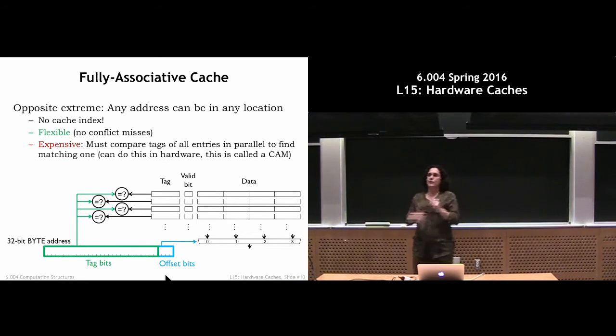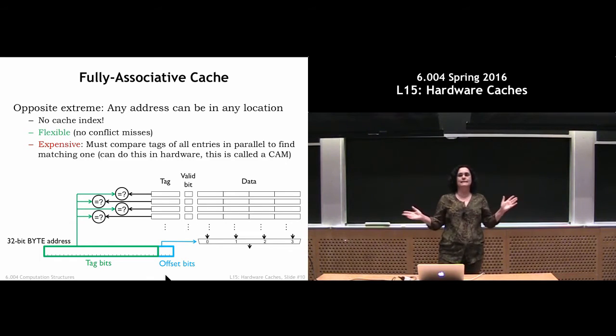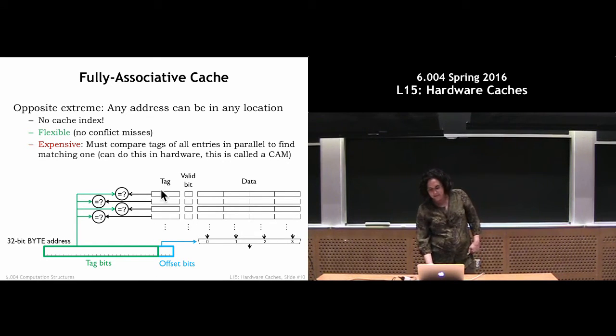Well, we can go to the other extreme, okay? And we can offer what's called fully associative caches. The way these caches work is you don't have an index that's telling you which line of your cache to go into. Instead, you can put your data in any line of the cache. But what this means is that now, instead of comparing the tag coming from my address to a single tag, I now have to compare to every single tag in my cache.